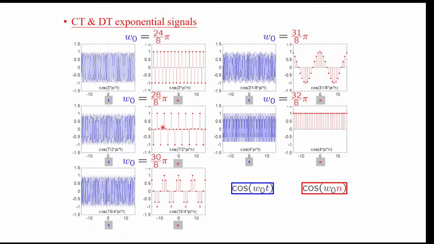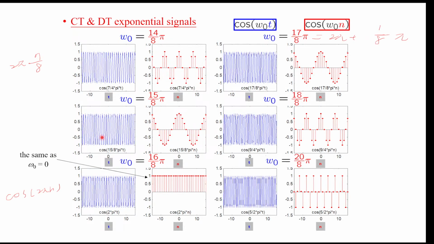Then once again you have this period equal to 4, and at 30 pi over 8, you have this back to period being, I think, 8, and 31 pi over 8, and finally at 32 pi over 8, this is 4 pi, then once again we have a constant function.